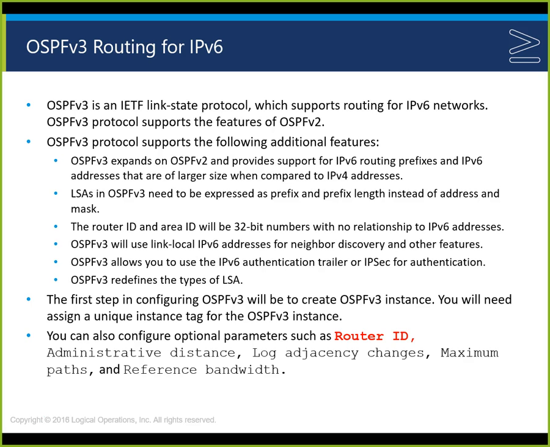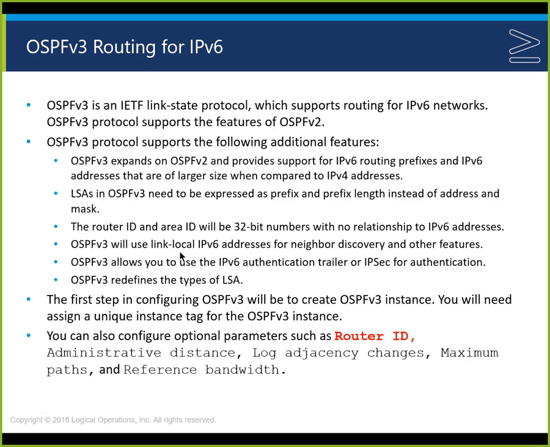When we do configurations, you use the prefix, /64 or whatever the length of the network address is, instead of the subnet mask, or actually a wildcard. The router ID and the area ID are a 32-bit number with no relationship to the IPv6 address. So we do have to configure the router ID for this.